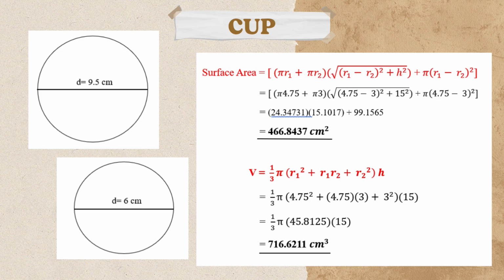Simplified into 24.3473 times 15.1017 plus 99.1565. Then keying it into the calculator will give our answer, which is 466.8437 centimeter square.